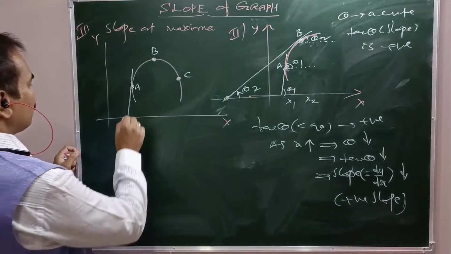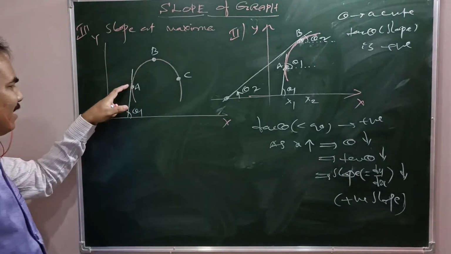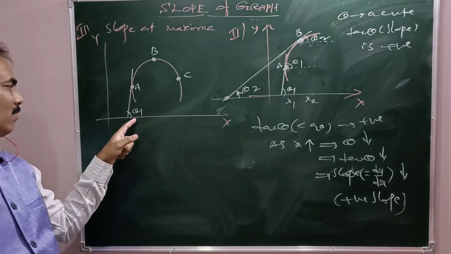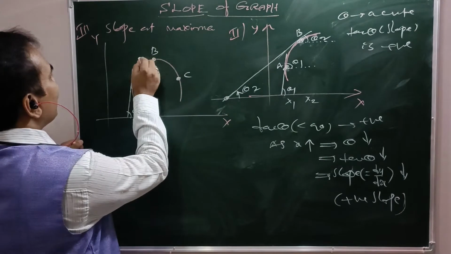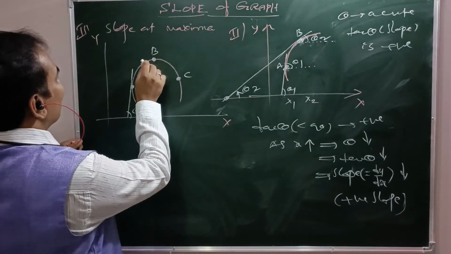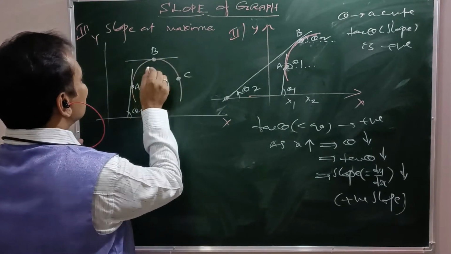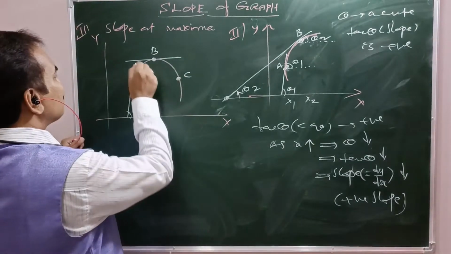So this is theta 1, the angle made by the tangent with the positive x-axis. Similarly, at point B, if I take one tangent drawn to the curve, it becomes parallel to the x-axis.